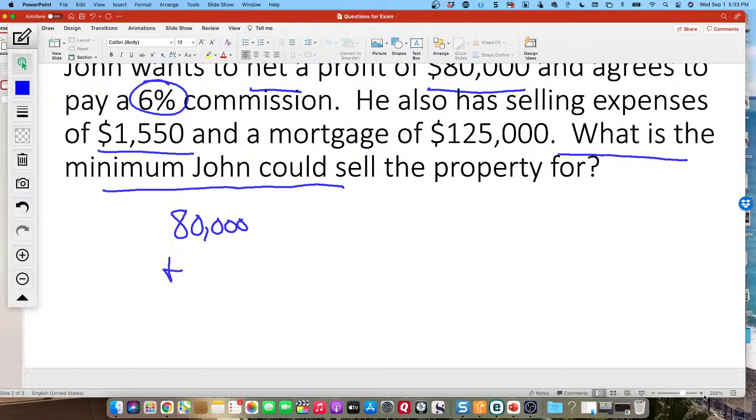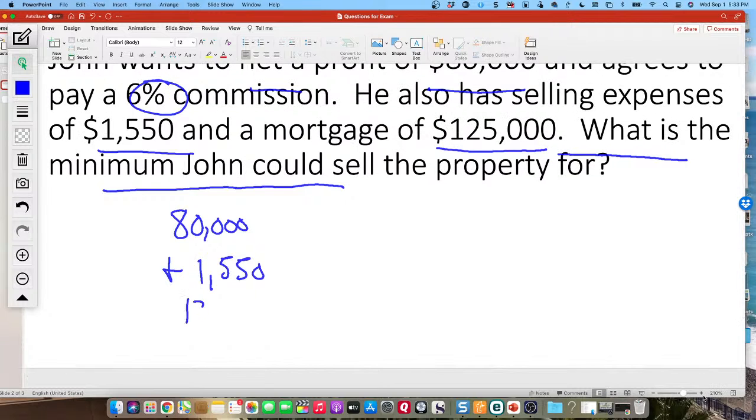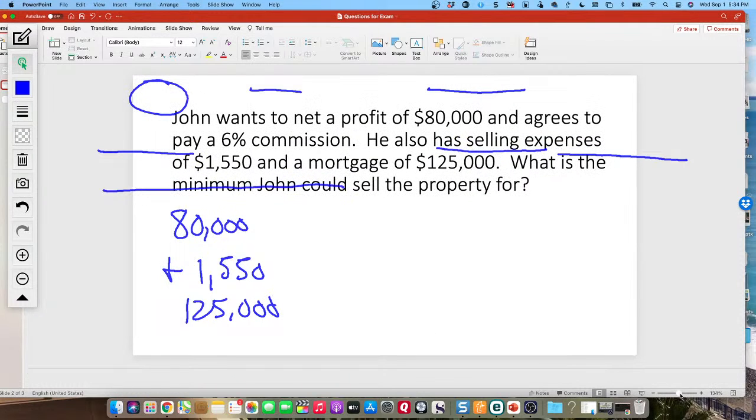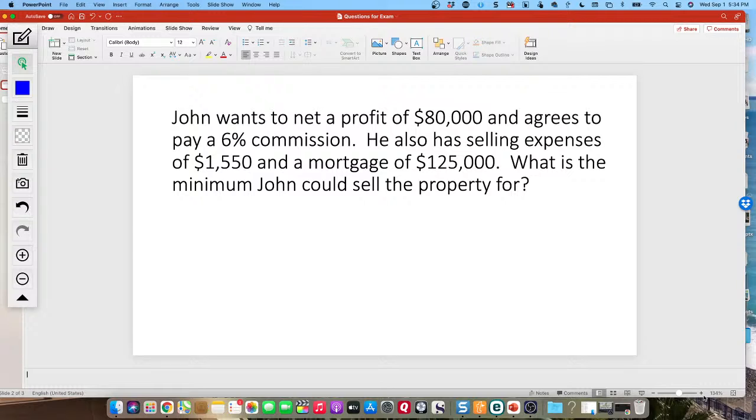So we're going to have to add $1,550, and we are also going to need to add $125,000. Okay? Now I am going to come over here and try to bring this back to a normal screen so we can take a look at this.